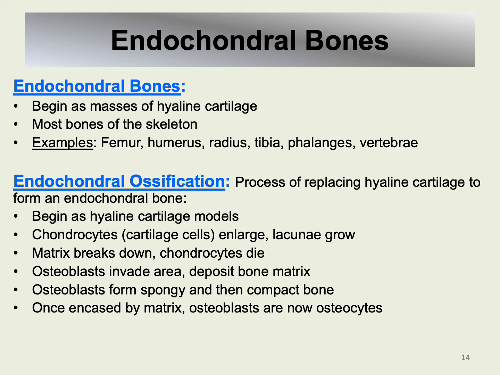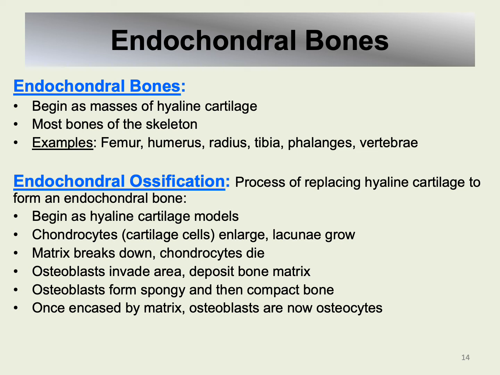Endochondral ossification is a process of replacing the hyaline cartilage to form an endochondral bone. It begins as a hyaline cartilage model, and the cartilage cells, which we call chondrocytes, first get bigger and larger, then the lacunae found inside them start growing.